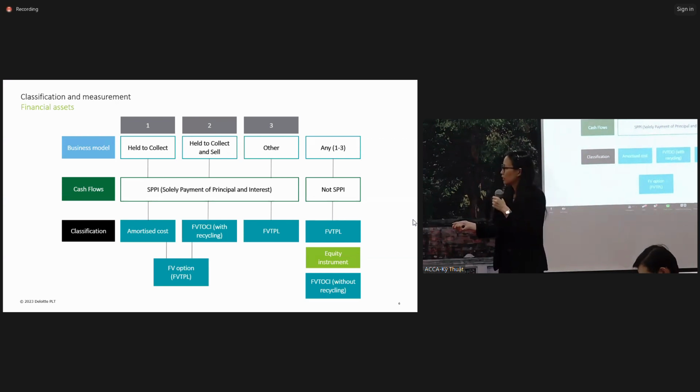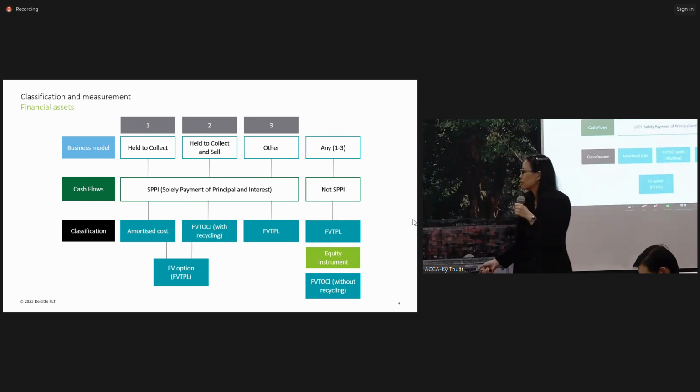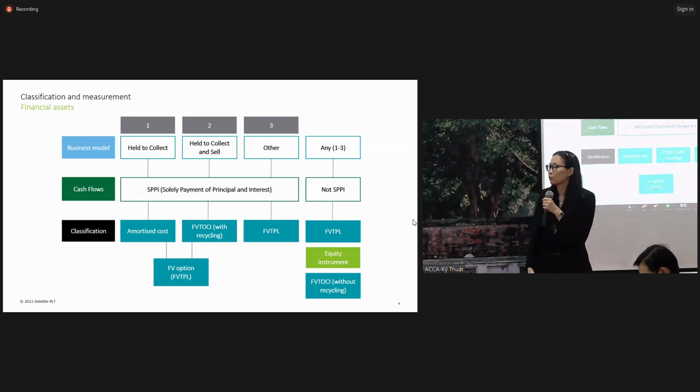If it is an equity instrument and it is not held for trading, you can avail the fair value to OCI designation. Okay, so commonly, this would be a simple investment that you do not actively trade because you are holding it for maybe strategic reasons.